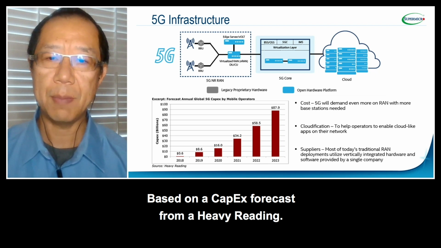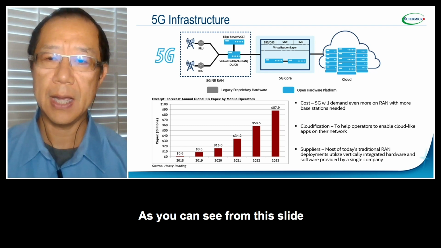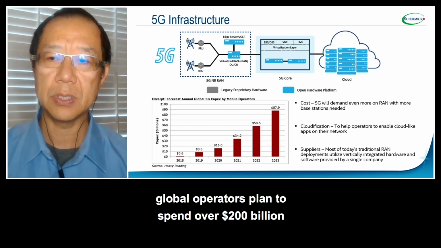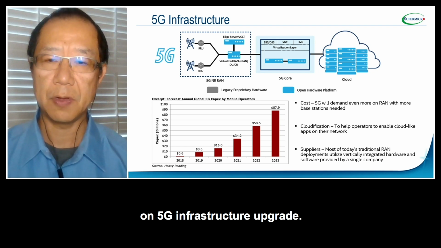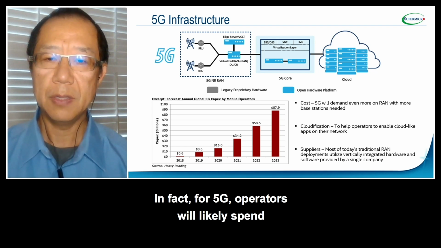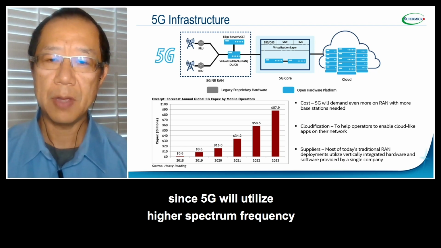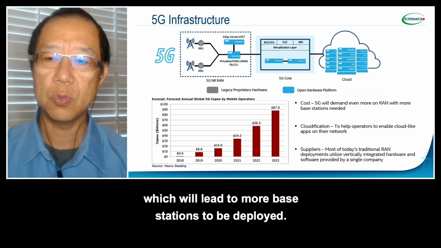Based on a CapEx forecast from Heavy Reading, as you can see from this slide, global operators plan to spend over $200 billion on 5G infrastructure upgrade. In fact, for 5G, operators will likely spend an even higher percentage of their CapEx on RAN, since 5G will utilize higher spectrum frequency, which will lead to more base stations to be deployed.